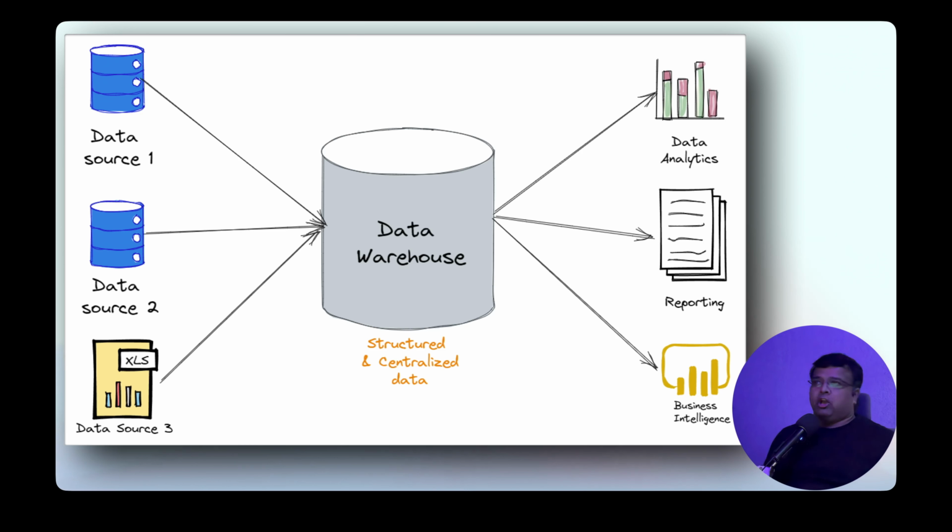Underneath, they may be slightly, or should I say, highly distributed because of big data technologies, but from the users' perspective, they still feel centralized, one place where all the data is available for analytics and decision making.